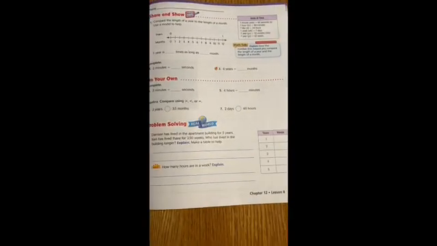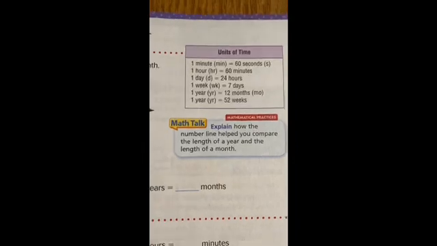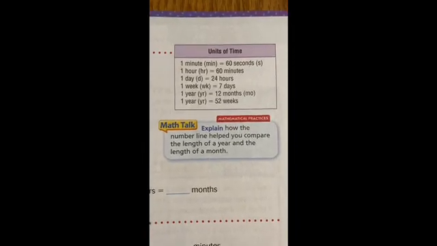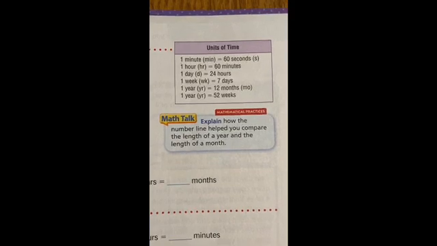So let's go ahead and move to 477, Share and Show. There's a really nice units of time box at the top that gives us a nice reminder of what we need to use for this page.